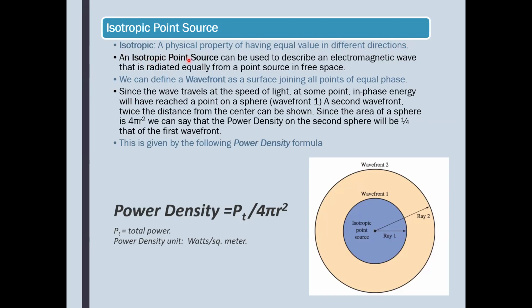An isotropic point source can be used to describe an electromagnetic wave that is radiated equally from a point source in free space. So you drop the pebble in the water, and the waves start in all directions equally from that isotropic point.